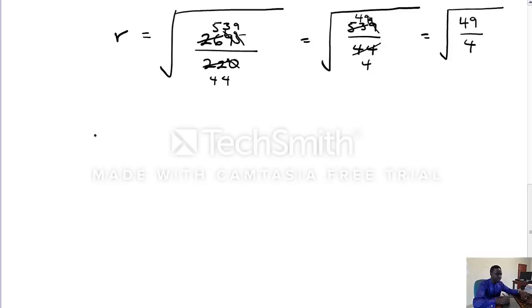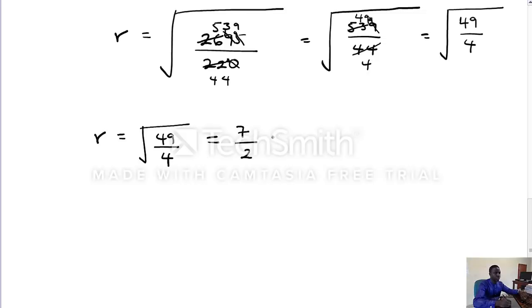This, we say r is equal to square root of 49 divided by 4, which we can say to be square root of 49 is 7 divided by square root of 4 is 2.